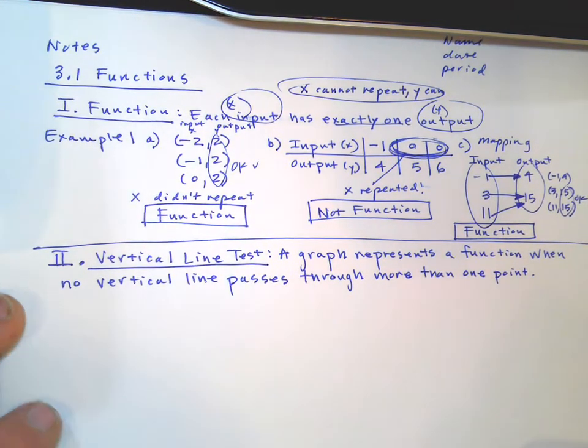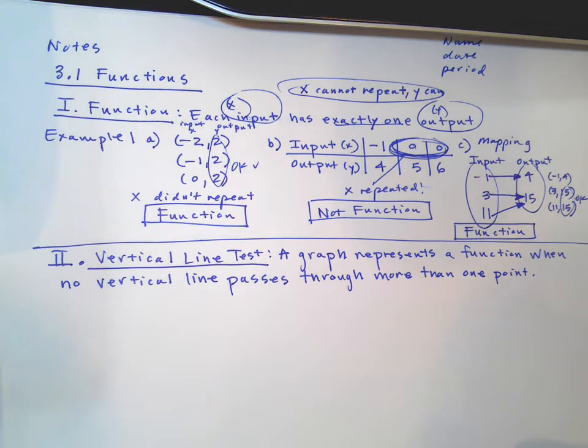Okay. Graph represents a function, so it is a function if no vertical line passes through more than one point.